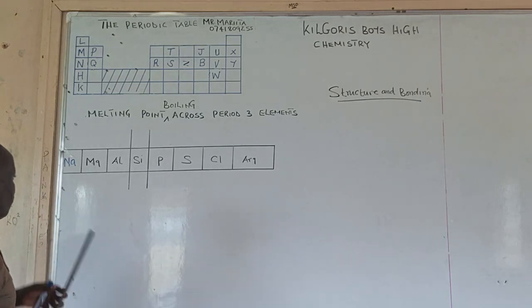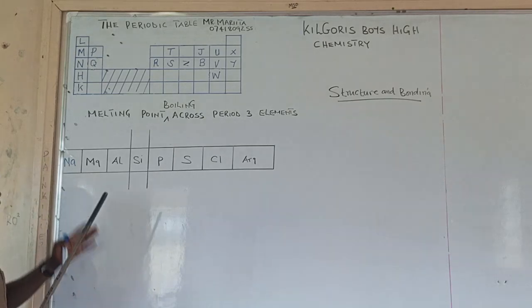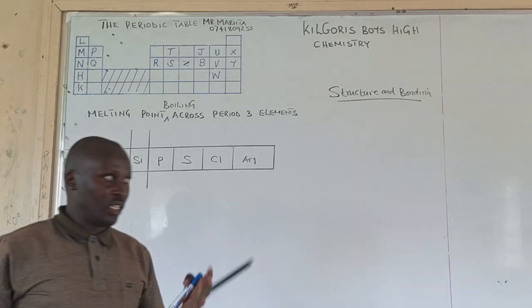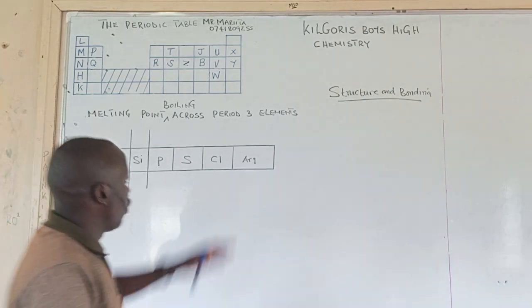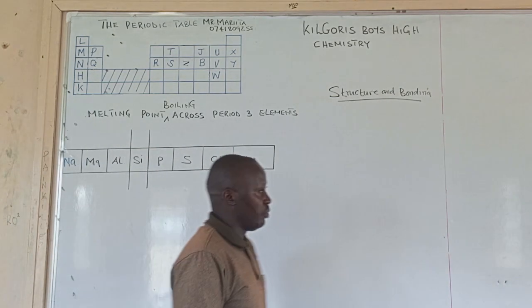As you can see from this grid, period 3 is categorized into 3 parts, in terms of the types of structure and bonding across the period.